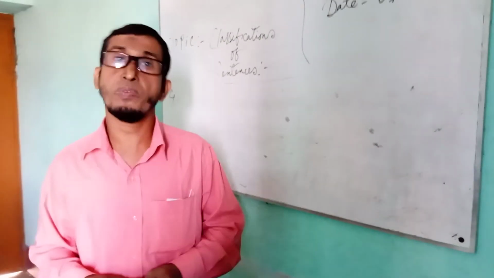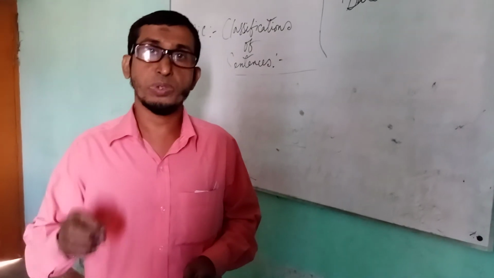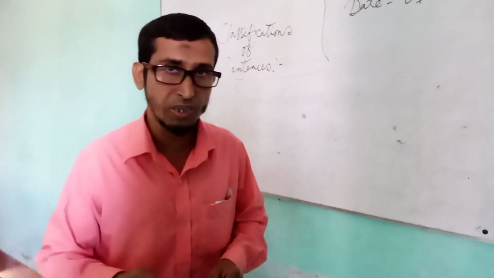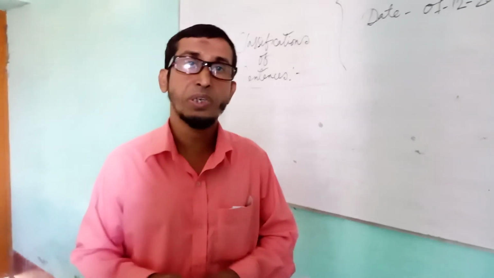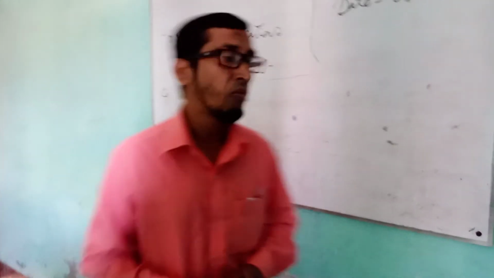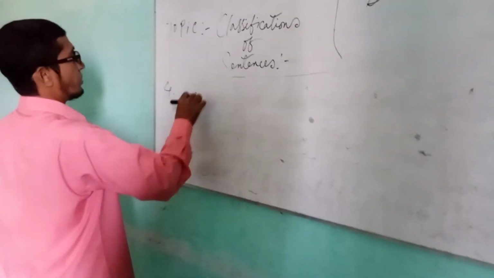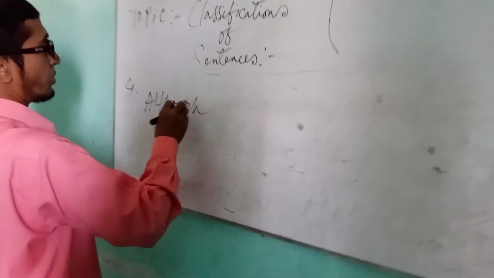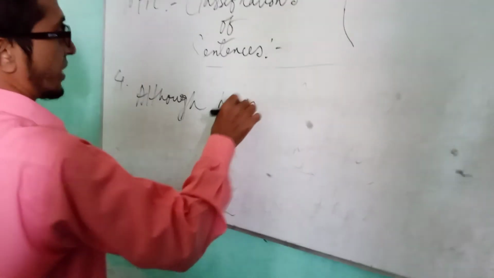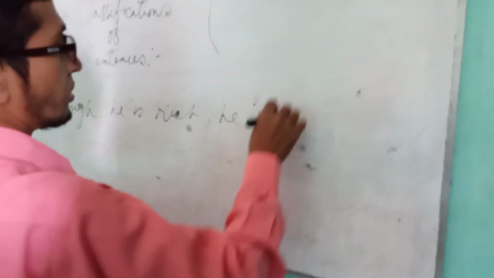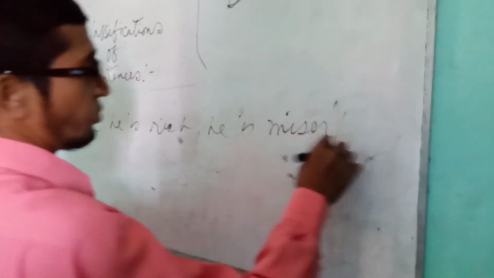Then in respect of be verb, we have to use being, and in respect of main verb, we have to use verb plus ing. Okay, and then the rest of the sentence will remain intact. For example, although he is rich, he is miser. Okay, simple.